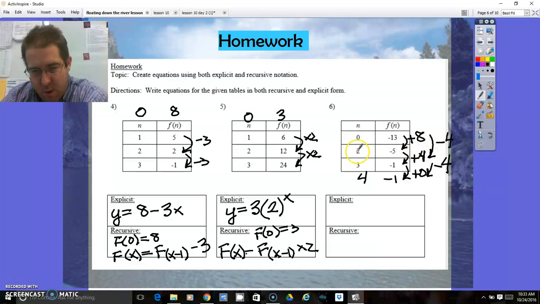So it looks like it's negative 4 times the number is negative 8 plus 8. That doesn't work out, does it? Negative 4 times n would be 2. And then what would you have to do to 2 to make it plus 4? You'd have to add 2 to that. Negative 4 times 3 makes 12.